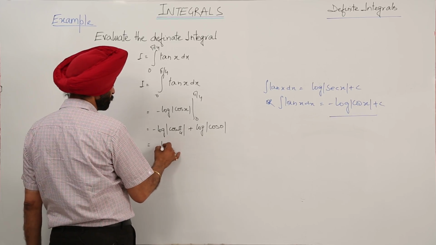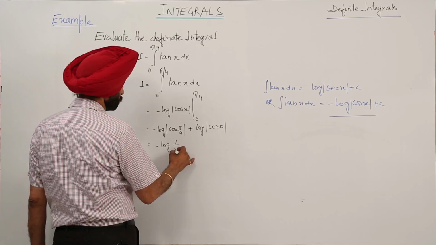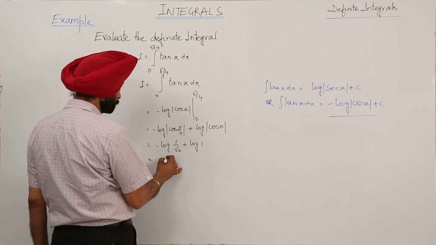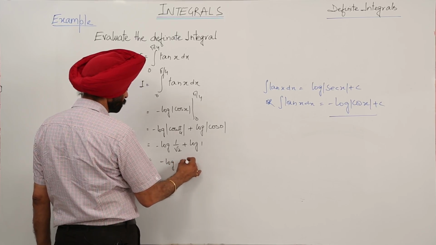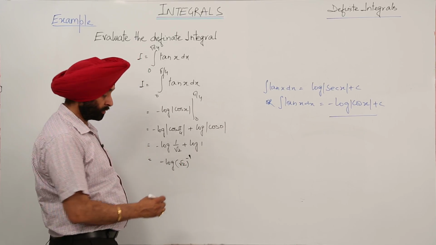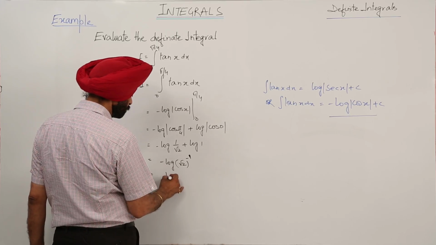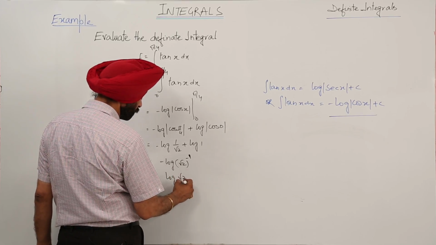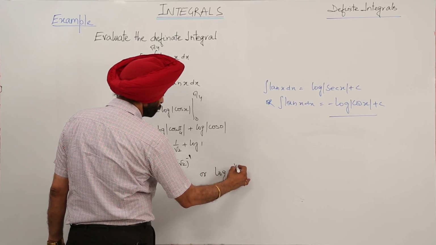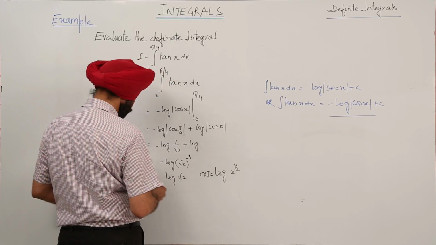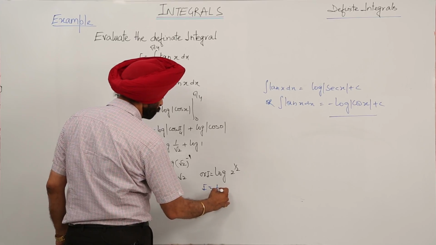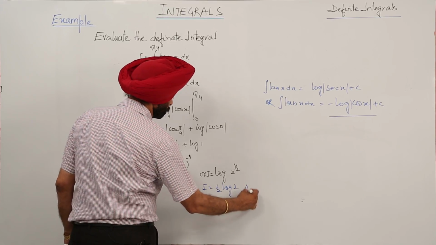Now this becomes minus log 1 upon root 2 plus log 1, and this is equal to minus log 2 raised to power minus 1 by 2, and to this what we can write is log root 2, or log 2 raised to power 1 by 2. Answer.